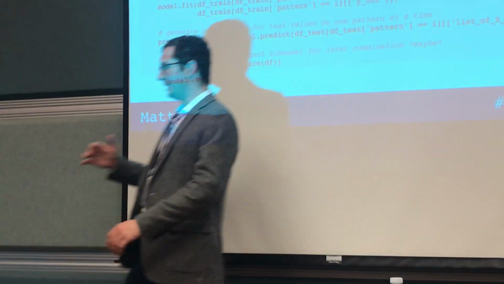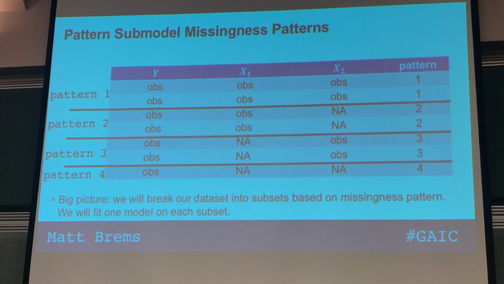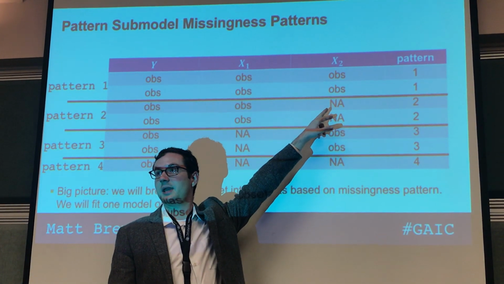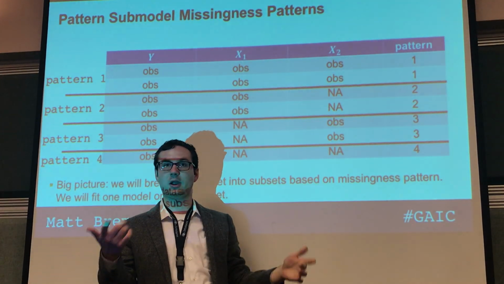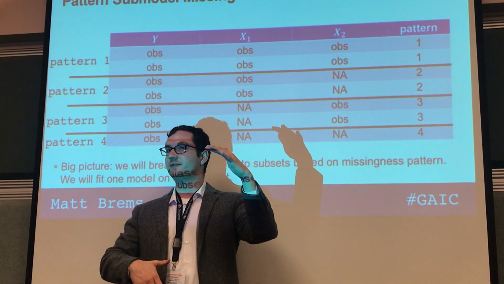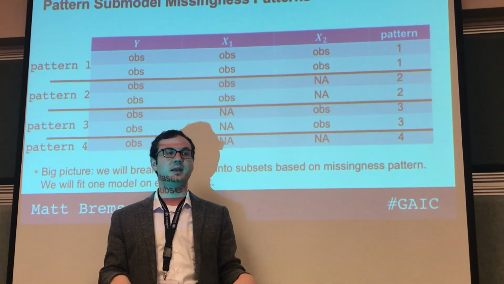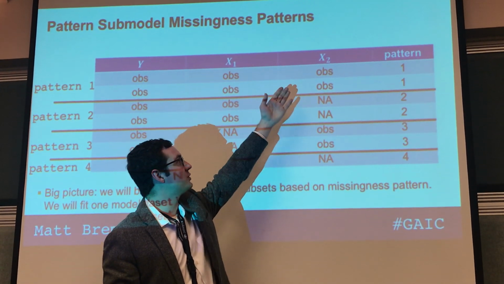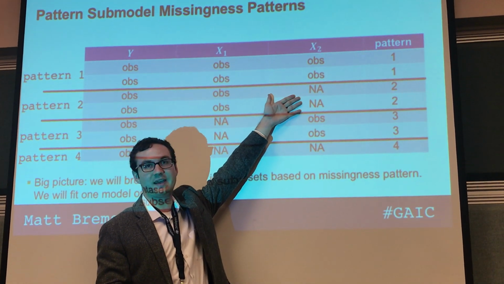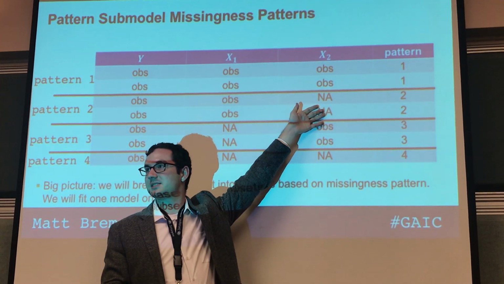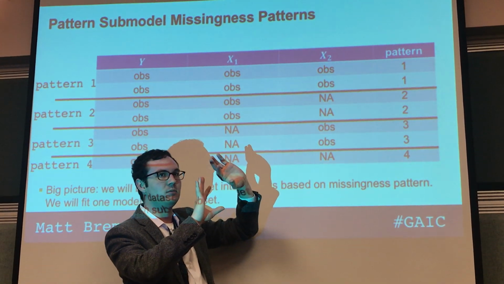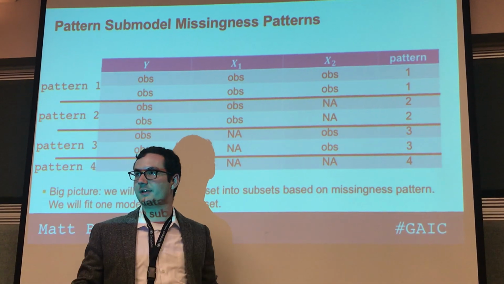So I'll go back to this slide. In this case, I'm never going to try and fill in any missing values here because I don't care. I don't care why things are missing. I don't care how things are missing. I don't care how many of those values are missing. I'm never going to try and fill them in. I'm never going to estimate a distribution for this because I recognize, if I try and fill in a distribution for these values of X2 here, that's assuming missing at random. That assumes that these are missing based on other variables, or it's explained by other variables.